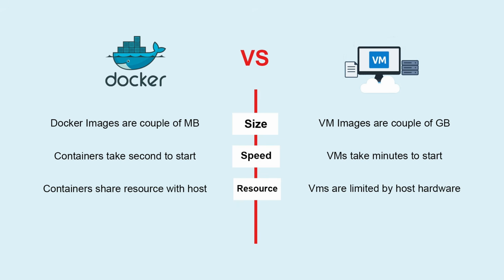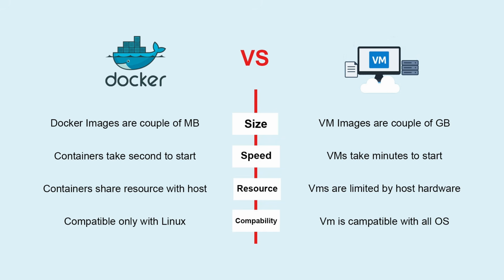With virtual machines, you are limited by the computer's hardware, including RAM, CPU, and storage, and can only run a few virtual machines at the same time. Docker doesn't have this limitation. It shares resources with the host system, so you can run lots of containers at the same time without a problem.